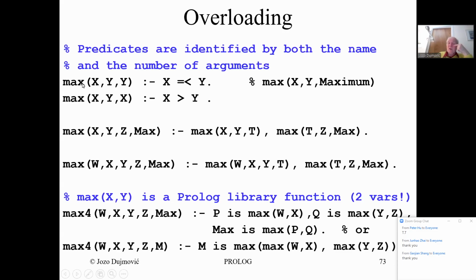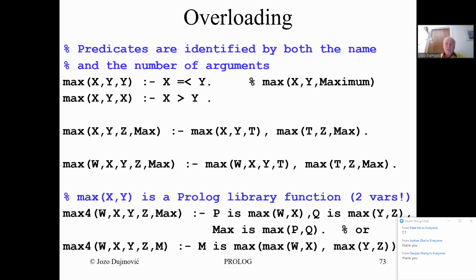Now, at this point, you can say, okay, this is trivial, but is it possible that you have one respectable language that doesn't have maximum function in the library? And the answer is yes. It has a library function max that has two variables. So if you say max of X, Y, without this third variable, this is the function that is going to return the maximum value.